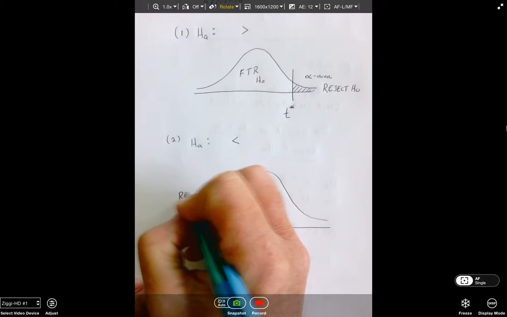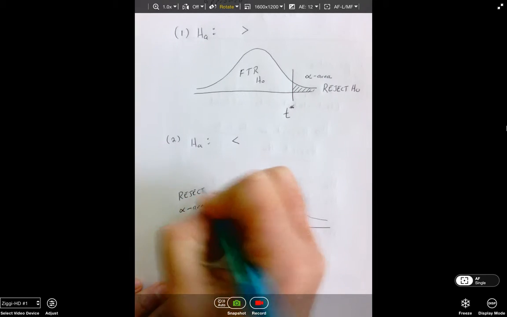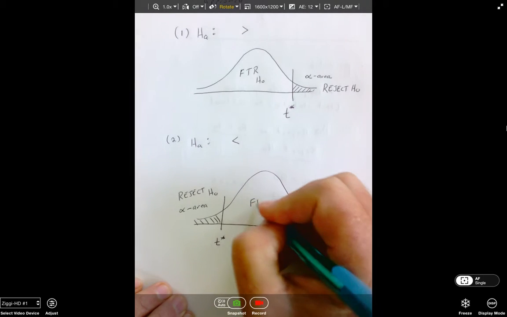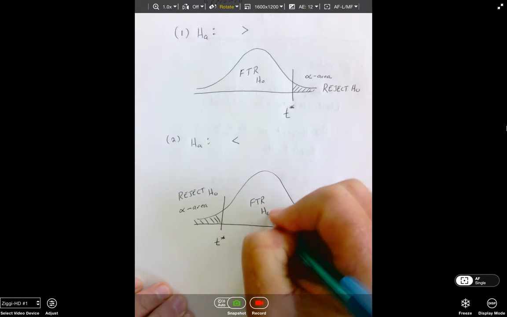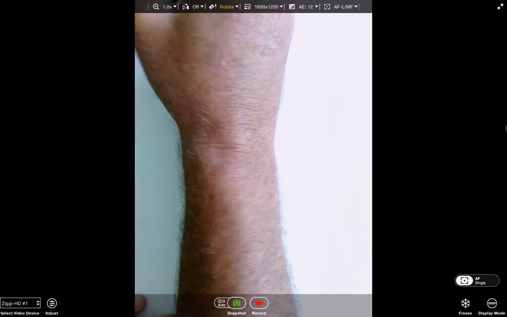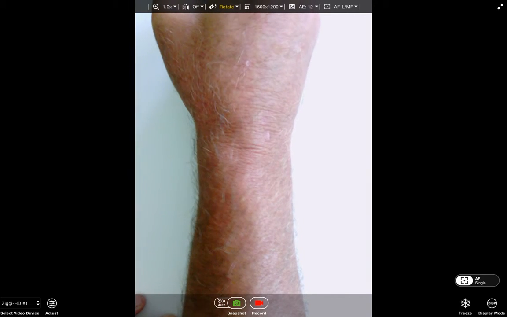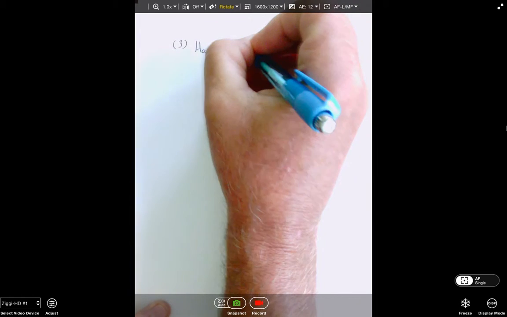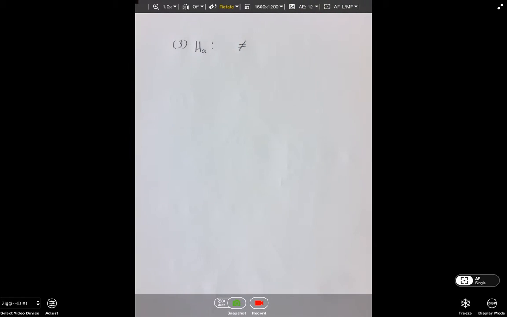This is going to be called our reject region, and this is going to be called our fail to reject region. The third option, which would be really handy if you could see it, is the not equal to.